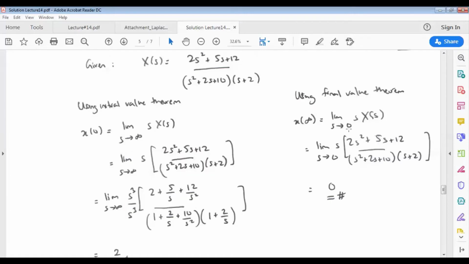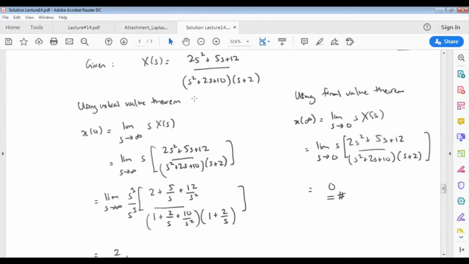The same applies if you want to find the final value of x(t), which is x(infinity). We apply the limit of s approaching 0 of s X(s). When calculating this limit, it can be proved that the value of x(infinity) is equal to 0. You can prove this by simply substituting s equals 0 in the equation, which gives 0, meaning the final value of x(t) is 0.